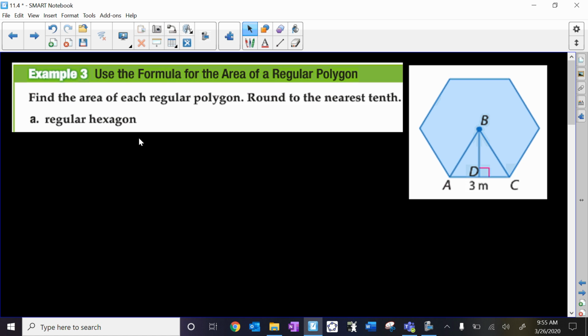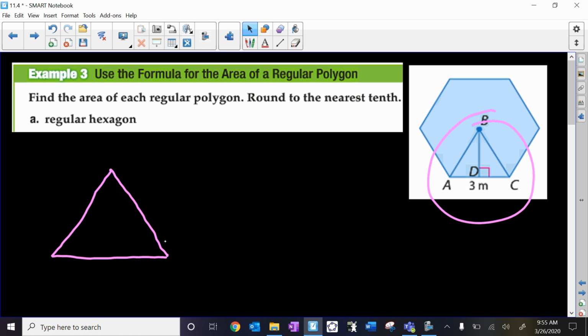I give you a regular hexagon. So I'm going to really pull out that triangle inside, because if I can find the area of that triangle, I just need to take it times 6. So drawing out my triangle, best as possible, there it is.